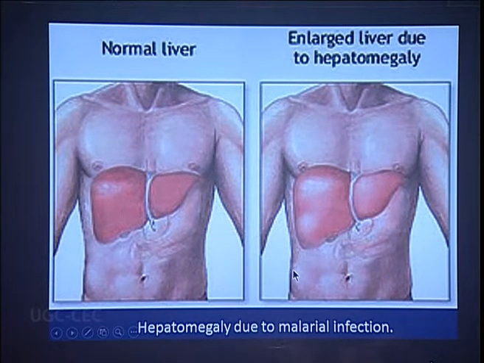So that way it is really dangerous that this particular liver which is a very delicate organ, which is the metabolic king of our body. All the metabolic activities take place within liver, but this particular organ is getting affected because of malarial parasite, and our digestive power also is reduced.